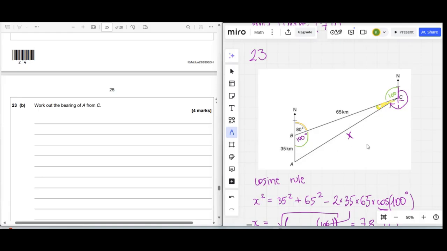So what do we need if we are missing an angle? Yeah, I think we can do the cosine rule again.